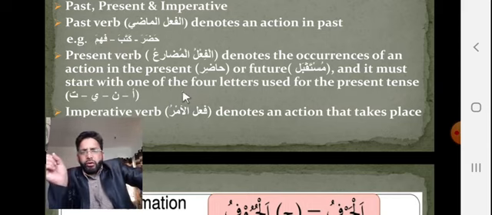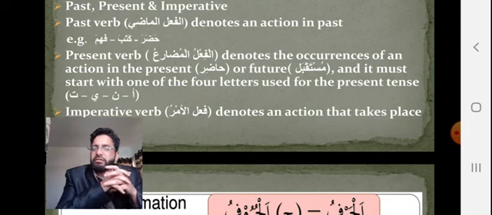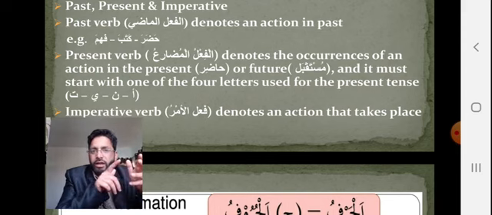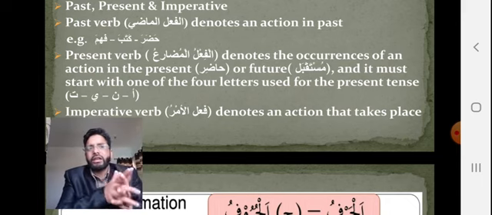So first I told you that in Arabic the verb is divided into three kinds. Number one is past, and past denotes an action in the past period. Suppose hazara, kataba, fahima. Then we have present. Fi'l mudari denotes occurrence of an action in the present or future. I told you for future we add seen, but sometimes without adding seen it gives the meaning of future as well. It depends upon the context.